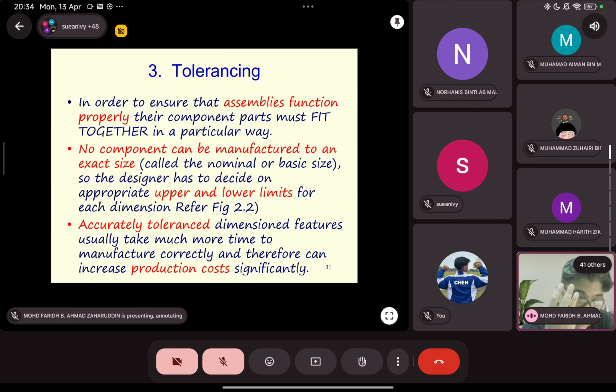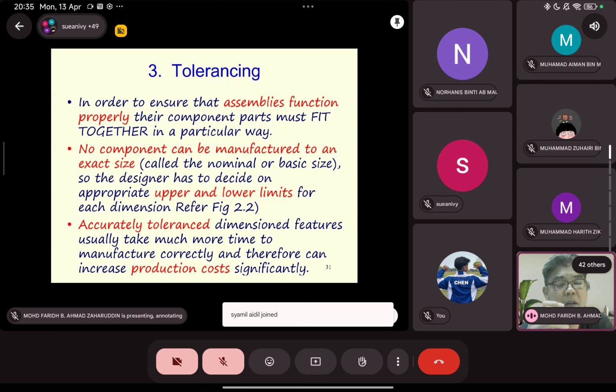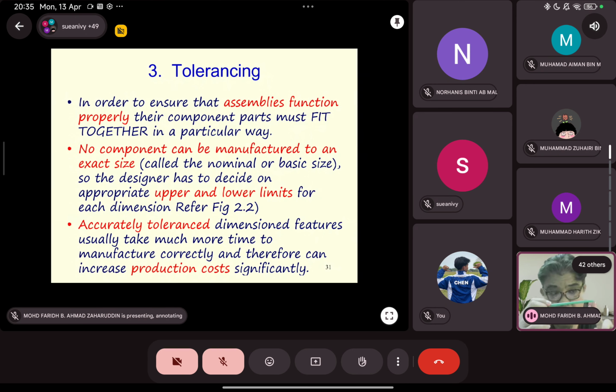So if you look back, make to suit makes the mating part as close as the machinist can. Okay, for example, I receive one order which asks me to lathe, okay, menggunakan proses turning untuk melarik shaft ini.